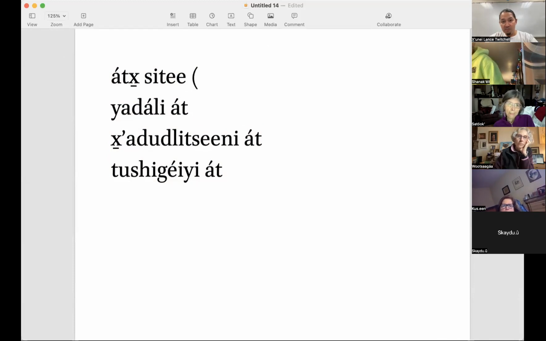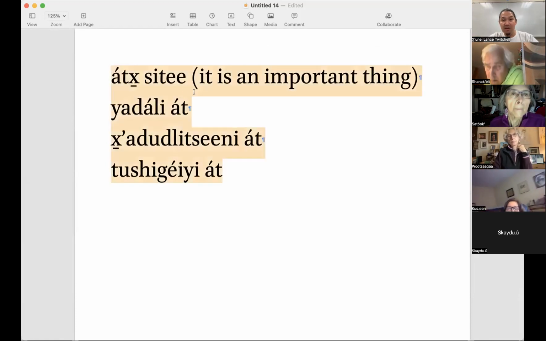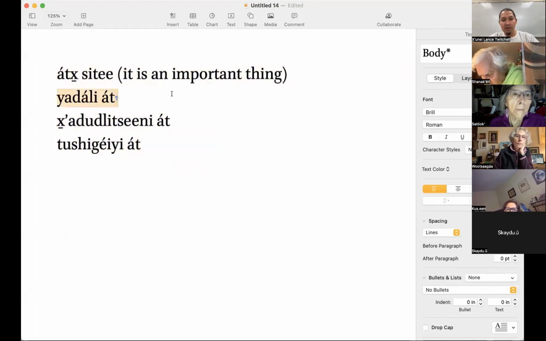Haa Ḳusteeyí would be, it is an important thing, right? So we're going to focus on the meaning. I got it a little smaller. So it's an important thing. Yádi, it's heavy, it's important.